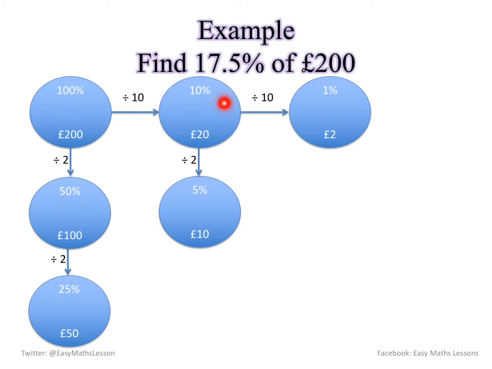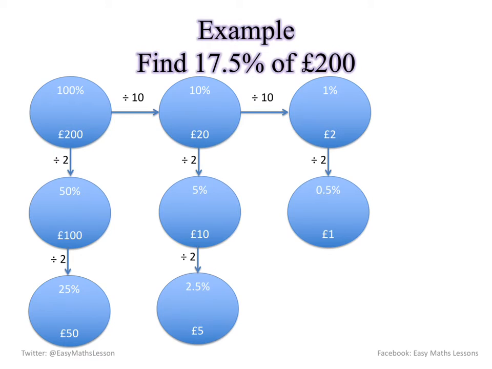So I've got 10% and I've got my 5%. Now I can also find 0.5%, because if I've got 1%, I can half it to find 0.5%. And I shouldn't forget that half of 5 is 2.5, so I can also take half of 5% to get 2.5%.